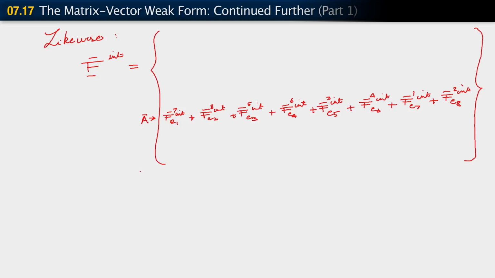And of course, for any other global degree of freedom, for B̄, if I continue with the approach we used previously for the global conductivity matrix, we would get F̄ from E_i, local B, plus F̄ from E_j, local D. This is because we set it up such that the B̄ global degree of freedom corresponds in element E_i to the B local degree of freedom, and in element E_j to the D local degree of freedom.